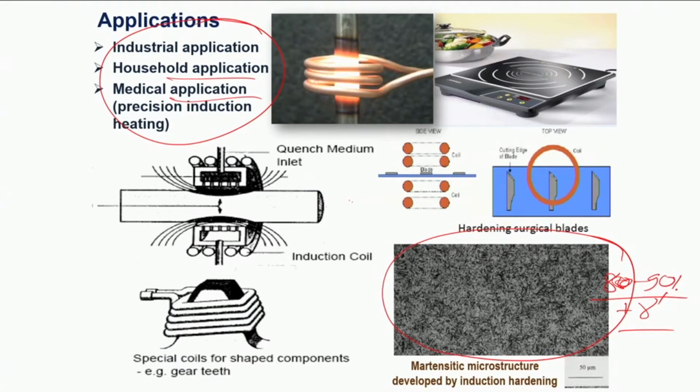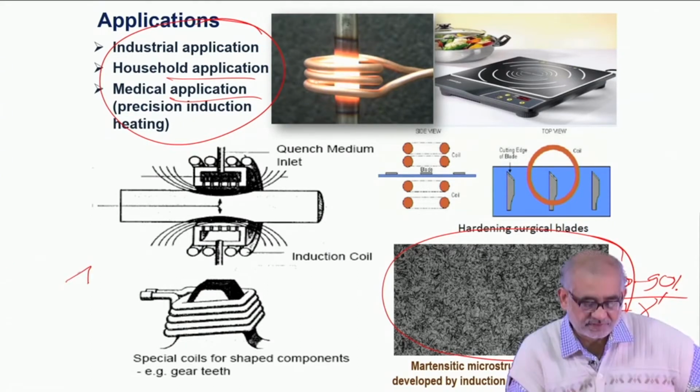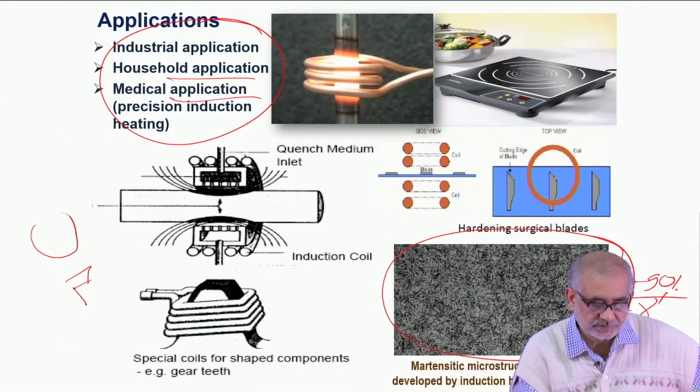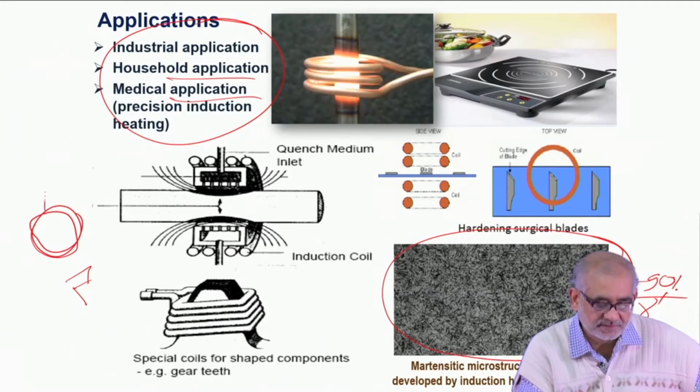So this is typically a configuration wherein you are seeing that these are the induction coil and this is the shaft which is being fed into it, or if it's a gear, this is the rotating part and you'll have various number of such teeth of the gear like this.